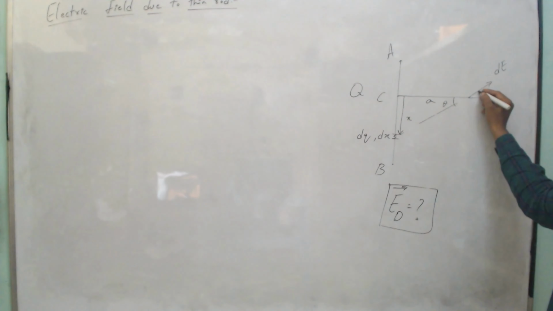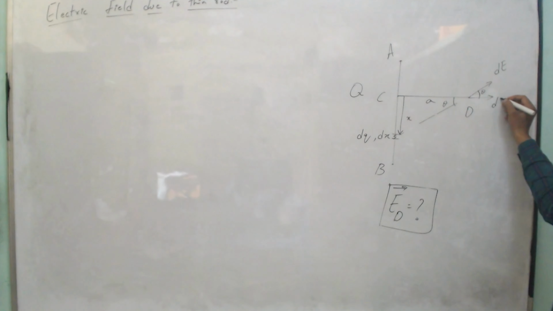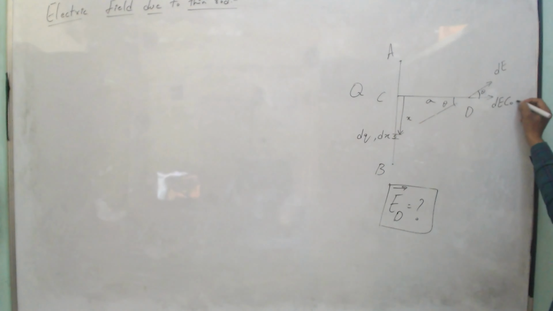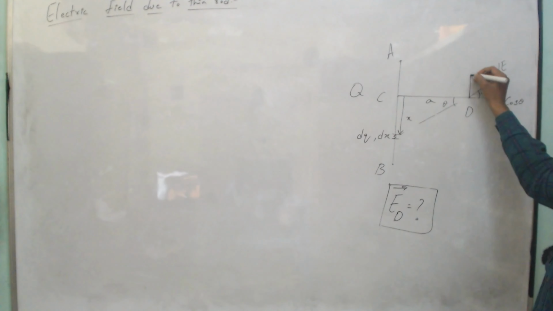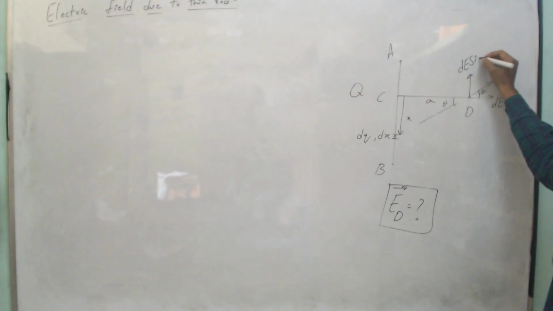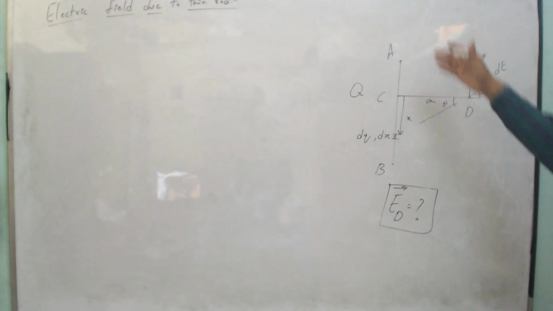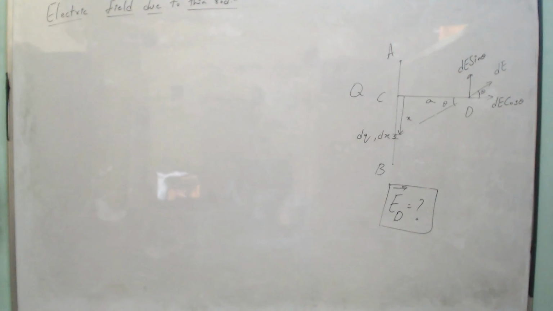So we can take components. On this side, I will have dE cos theta, and on this side, I will have dE sin theta, correct? Now, also one point, we have to take the length of AB.